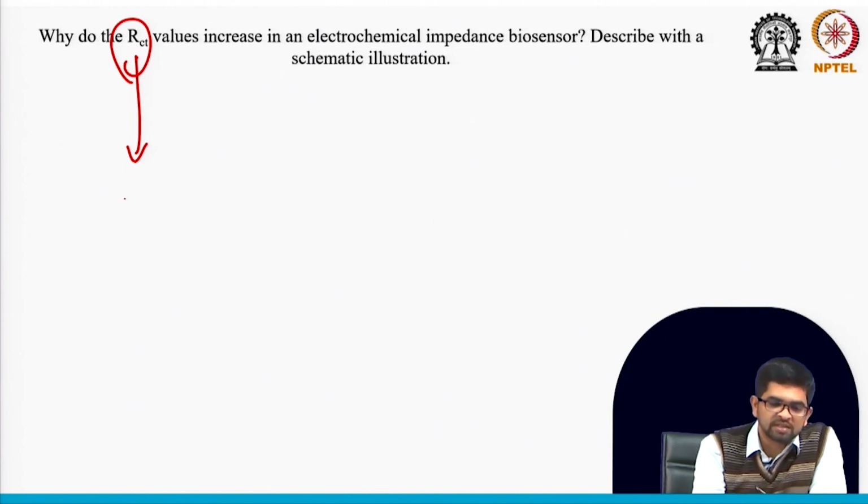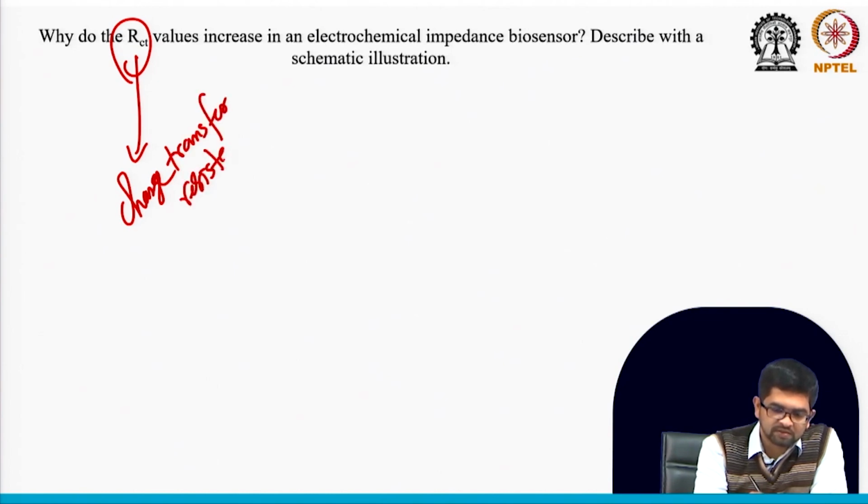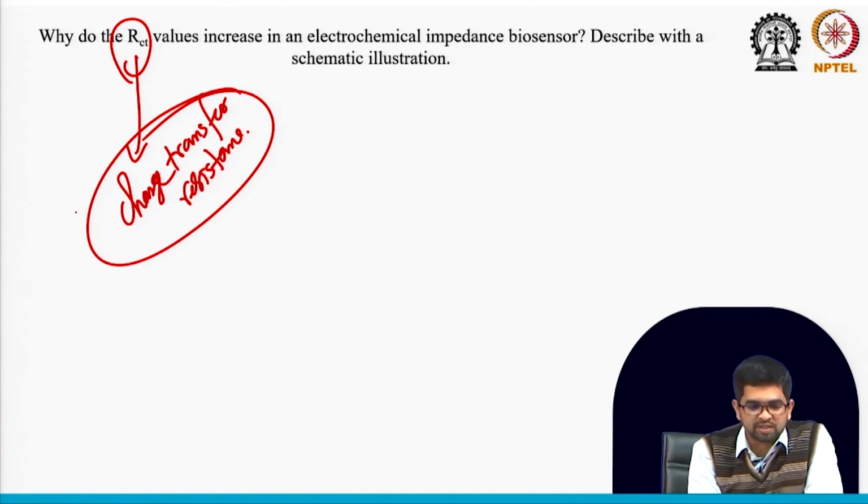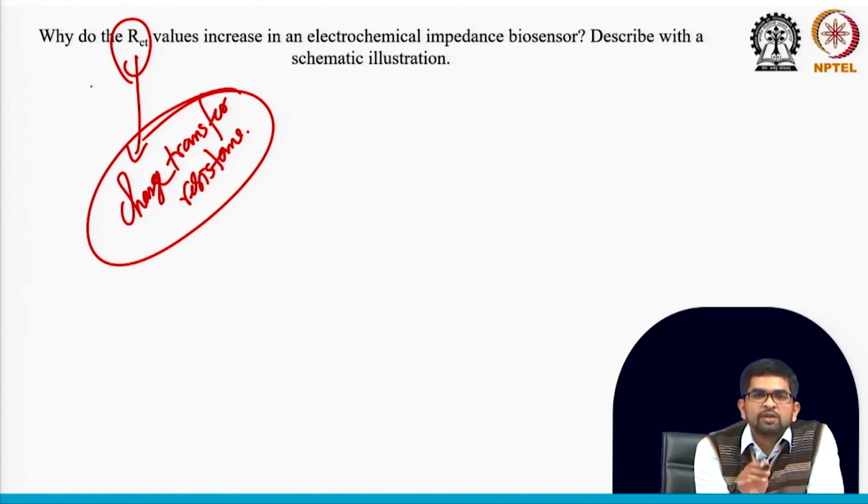Is the RCT the charge transfer resistance, right? Charge transfer resistance. So this RCT value will give you lots of information for biosensor development. Generally in biosensor development, while you are adding the antibody, then target, then secondary antibody, step by step when you are forming the sandwich, like the sandwich ELISA, generally the electrochemical impedance value keeps increasing.